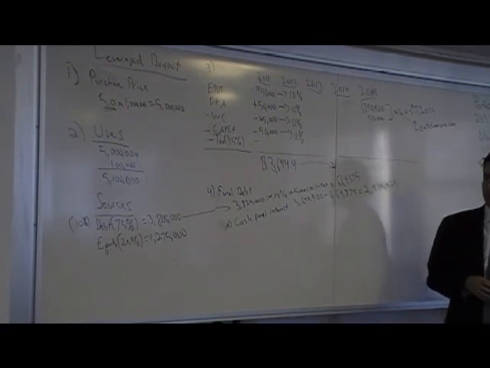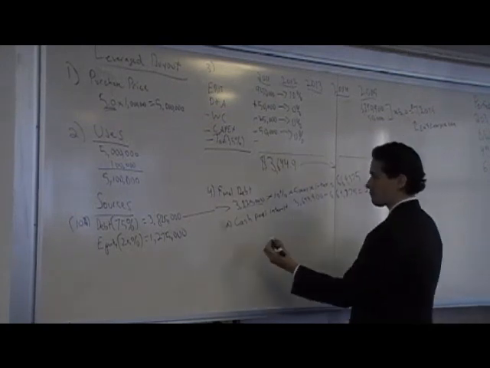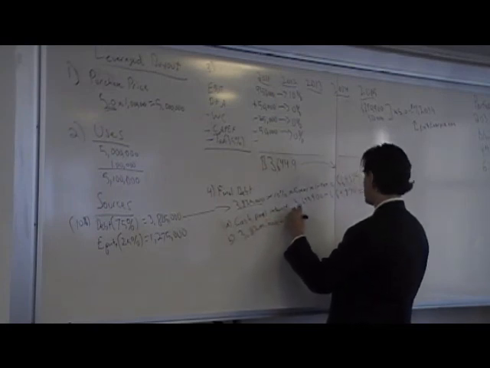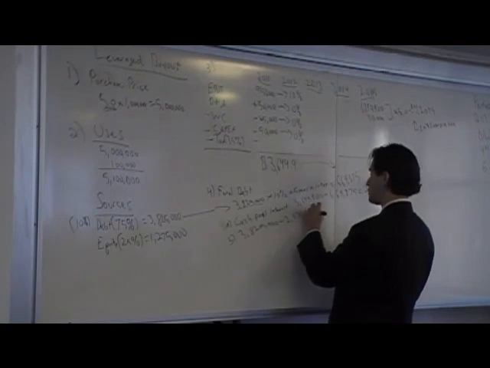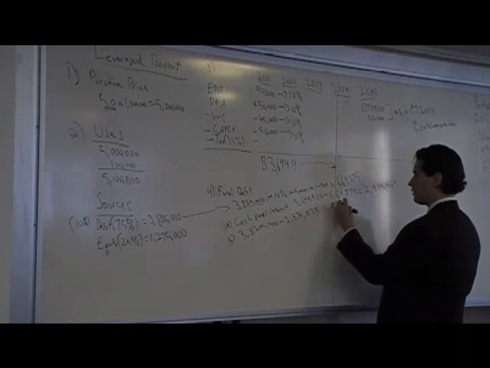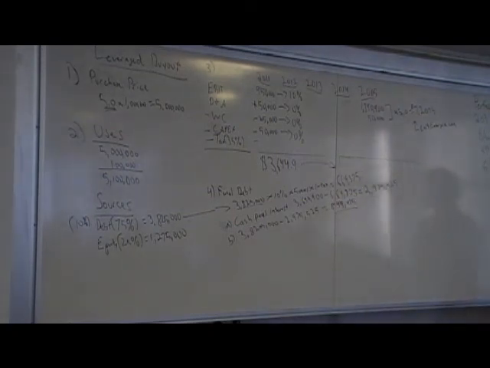Pay down the debt and see how much debt we have left. So 3825000 minus 2975525 is 849475.